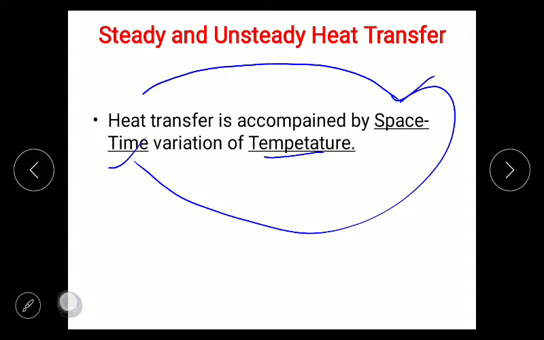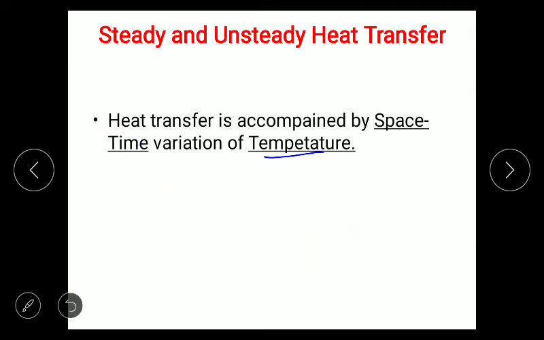We can write the above statement as: capital T is a function of x, y, z and t, where x, y, z are the space variables and small t is the time variable. Suppose it is Cartesian coordinates, then temperature is a function of x, y, z.